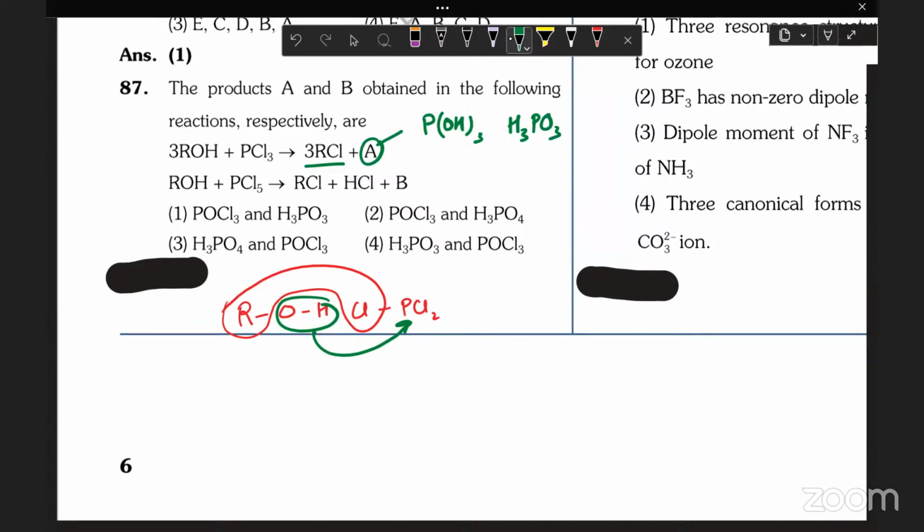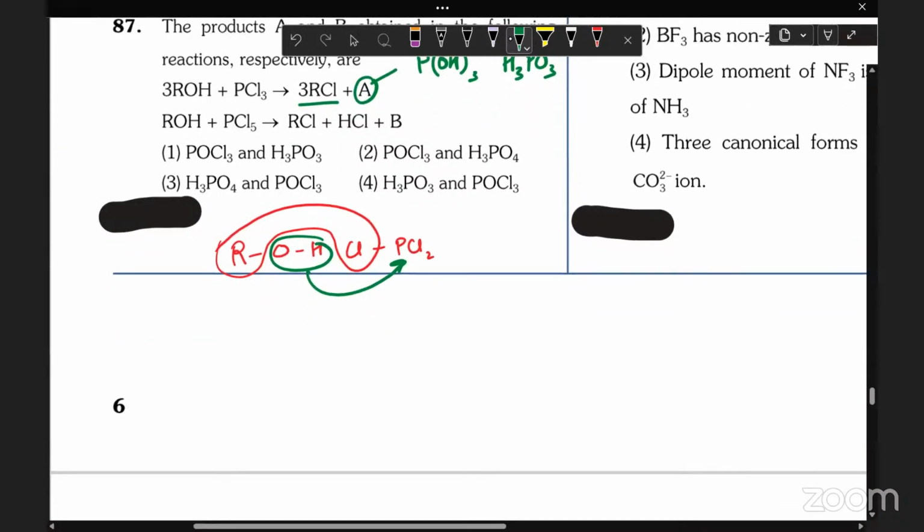Another way to write P(OH) whole thrice is H3PO3, phosphorous acid. Next is ROH with PCl5 giving RCl, HCl and B. You have to figure out what B is. And if you remember, we used to do it like this: ROH, and you have phosphorus, chlorine here, chlorine here, and chlorine here, right?